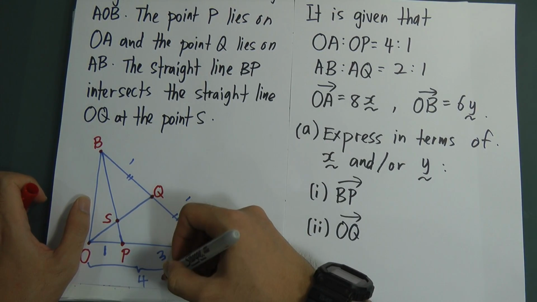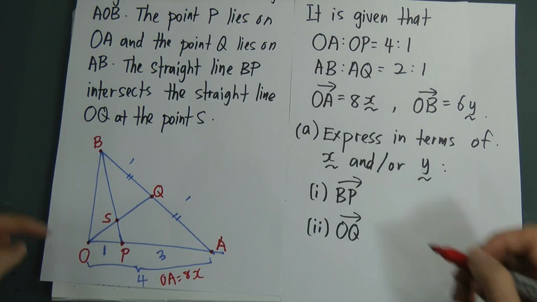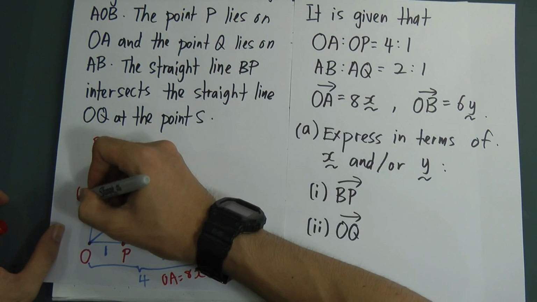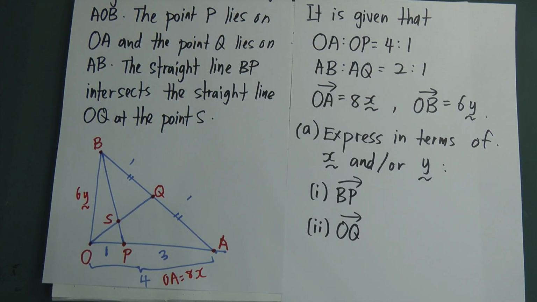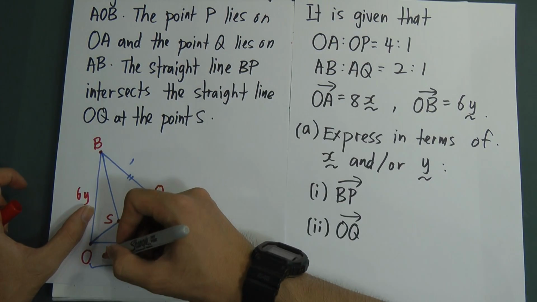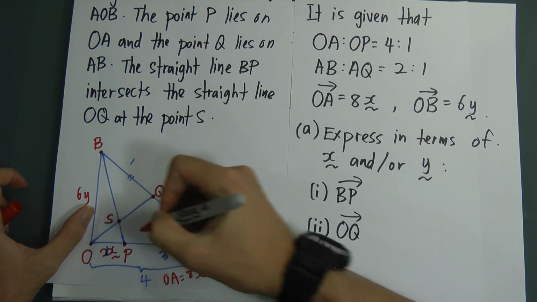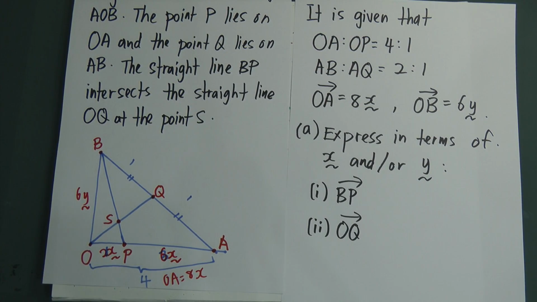OA is equal to 8x. And then OB will equal 6y. The whole thing is 8x, so if we divide, here will be 2x, and then this one will be 6x because of the ratio 1 and 3. Okay, it's very simple. I hope you can understand it.